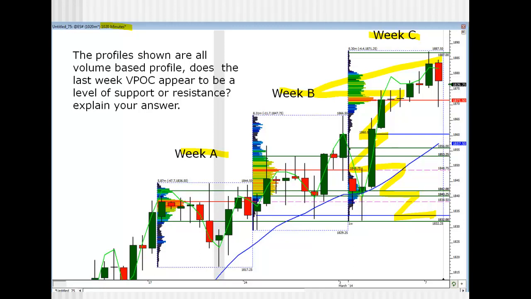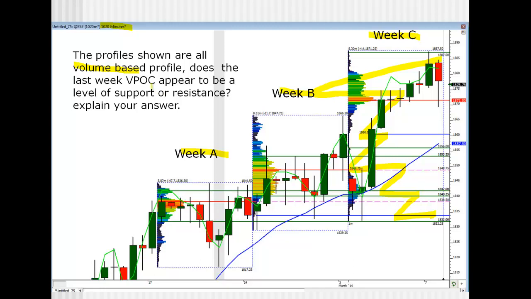And you begin to see a different perspective and a very useful image for that particular week. Now let's take a look at the question and answer it together. The profiles shown are all volume-based profiles. Again, I mentioned to you that I prefer to use volume-based profiles, and so you will find that my charts will all be volume-based profiles.